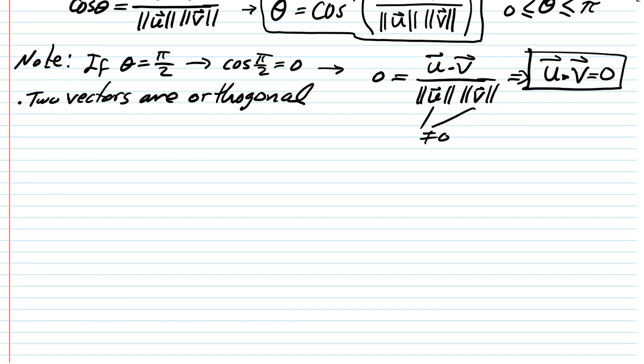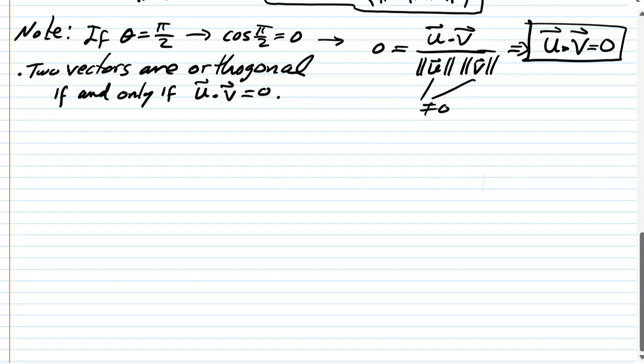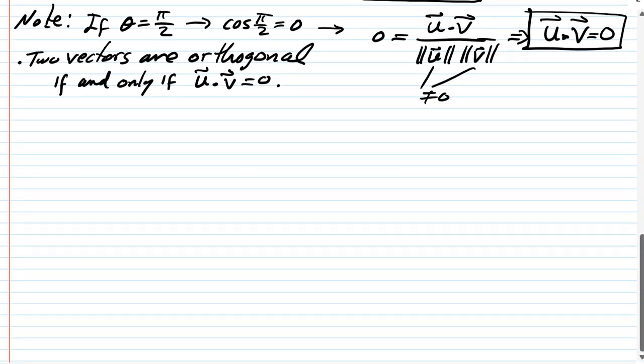So typically orthogonal is the common vocabulary here. Two vectors are orthogonal if and only if their dot product is 0. This is actually a theorem, and we kind of have proved part of it just now.